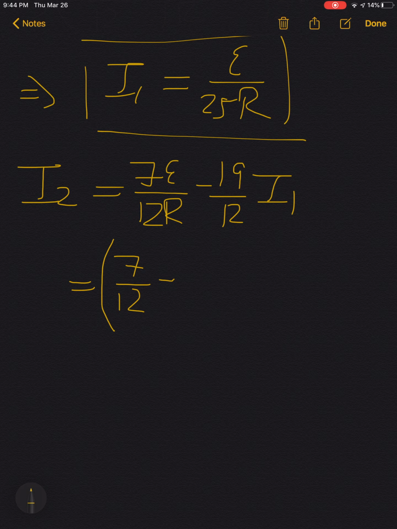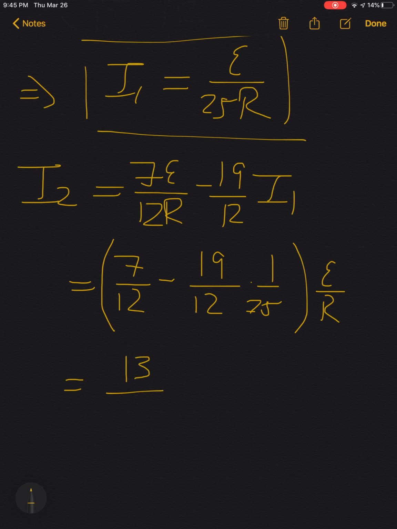This is minus 19 over 12 times 1 over 25 times E over R, like so. There's a couple of different ways to do this. If you just crunch through the numbers, you're going to find some cancellations happening, and what you end up getting is that this is 13 over 25 E over R, and so I want to write that.